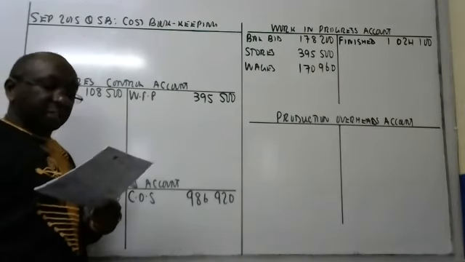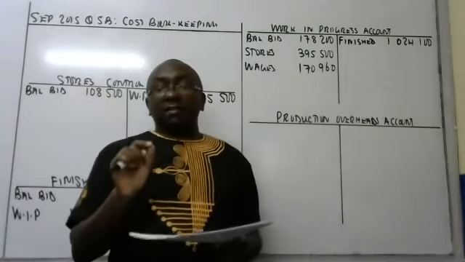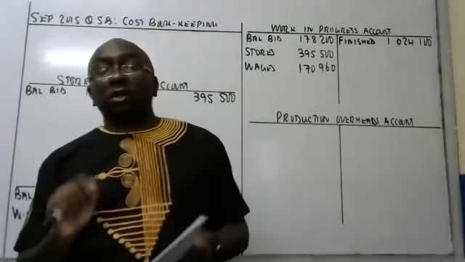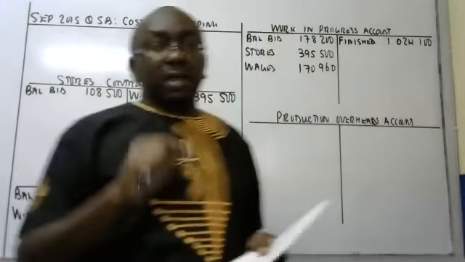Production overheads as per financial account. So when you see as per the finance, that means it's what was paid. Finance are the ones who pay. So when we pay, we debit the overheads account and credit bank or finance.